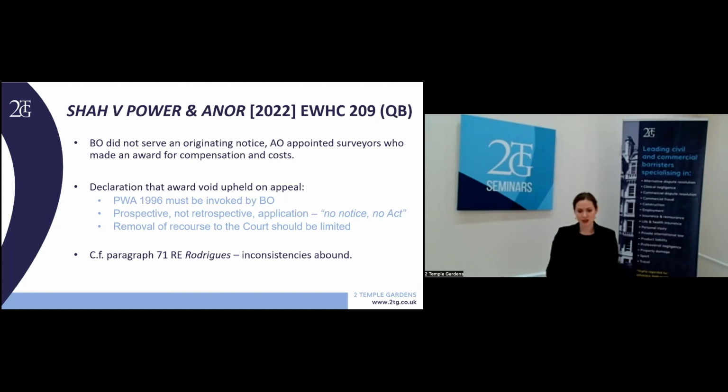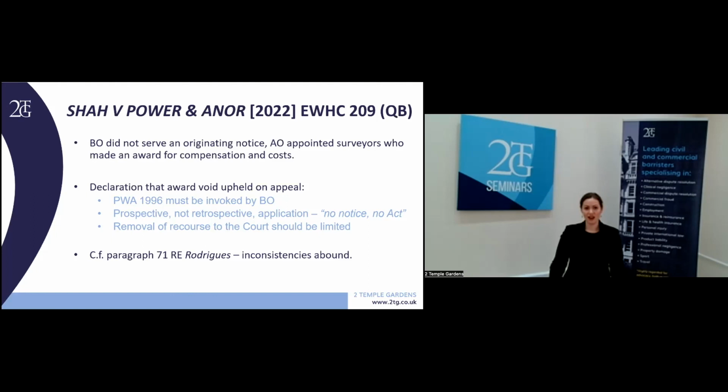At paragraph 71 of Shah, Mr. Justice Eyre states that the decision in Rodriguez is authority for the proposition that when a building owner invokes the Act by serving a notice, the dispute resolution mechanism governs all relevant works, including those undertaken before the notice was served. Now, as I've already suggested, for my part, I'm not convinced that that is the only or indeed the best reading of Rodriguez. And the inconsistency in Mr. Justice Eyre's judgment here illustrates the difficulty that that simplistic reading brings.